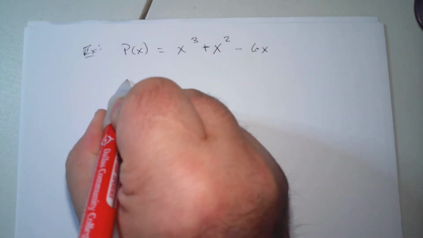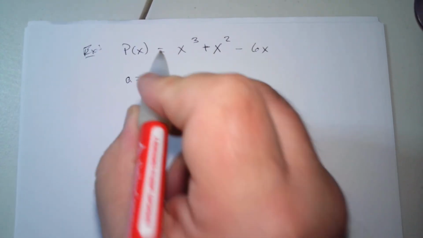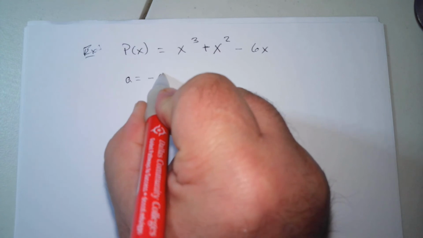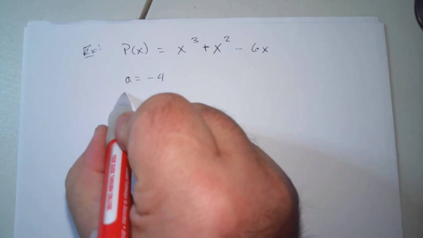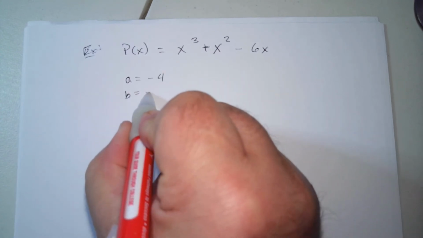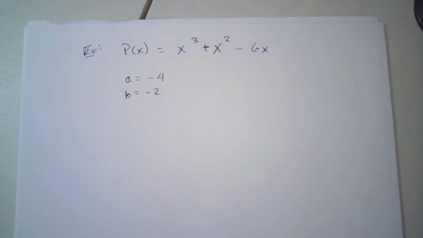This first one, let's look at A being the point -4 and B equals the point -2. Let's determine if there's a value C between there.